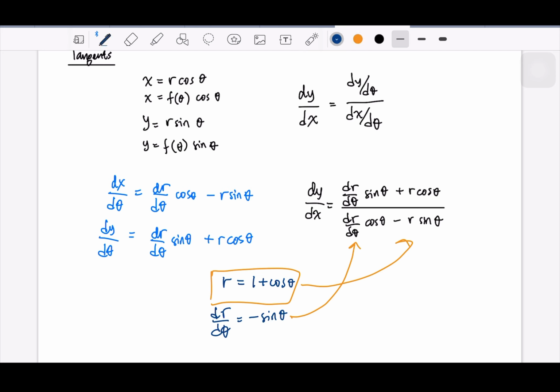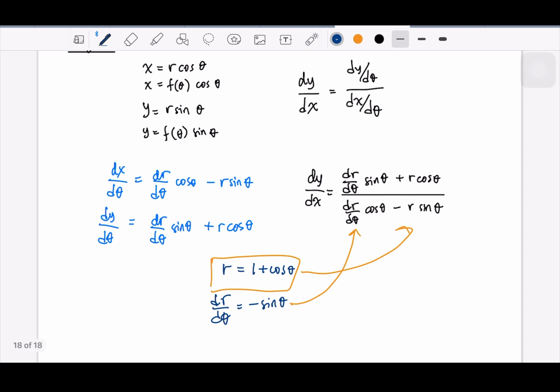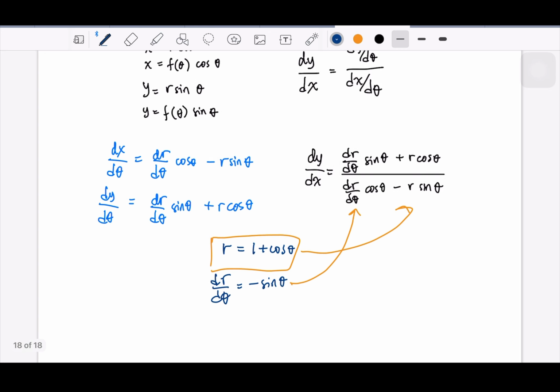And similarly, you can also get the horizontal and vertical tangents, right? We can locate the horizontal tangent when dy over dx equals 0, which means that dy over d theta needs to be 0, and dx over d theta is not equal to 0.